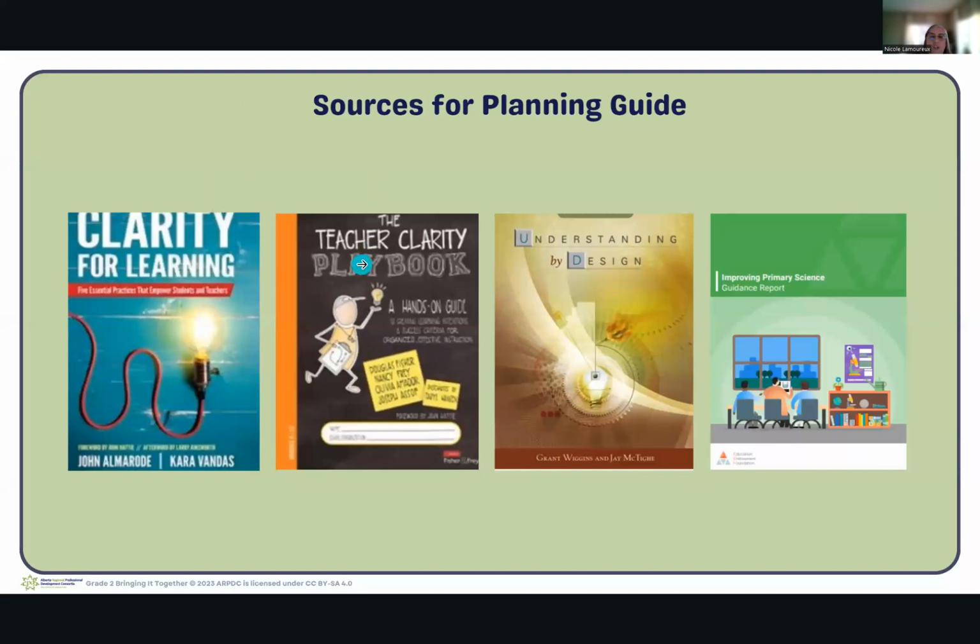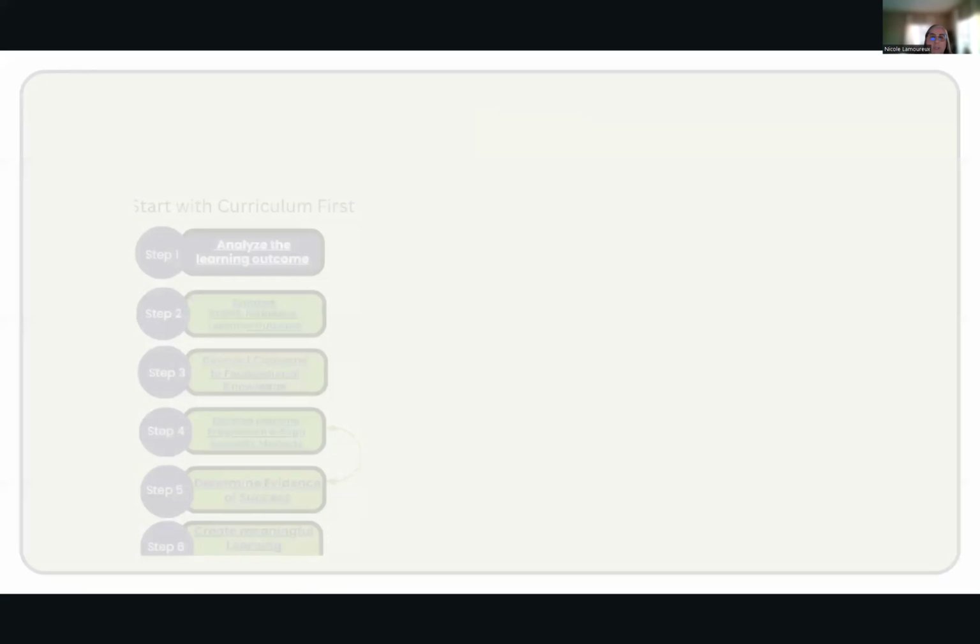And so this teacher clarity playbook was primarily a tool in terms of the sequencing, as well as the hot off the press Improving Primary Science. That was a report out by the Education Endowment Foundation out of the United Kingdom, and they did international research on best practices in primary science. So those are integrated into this planning resource as well.